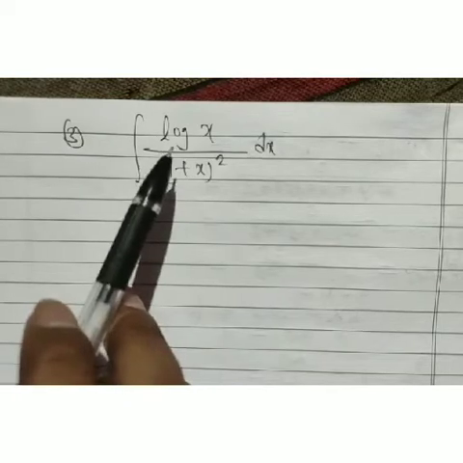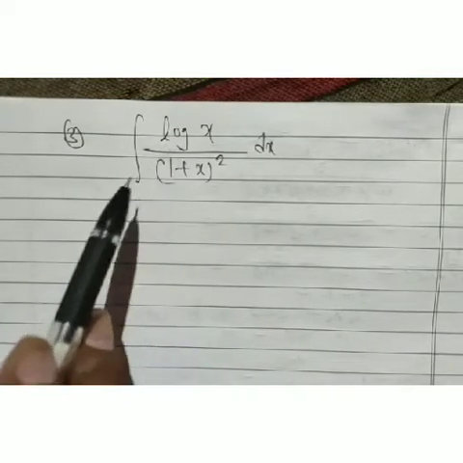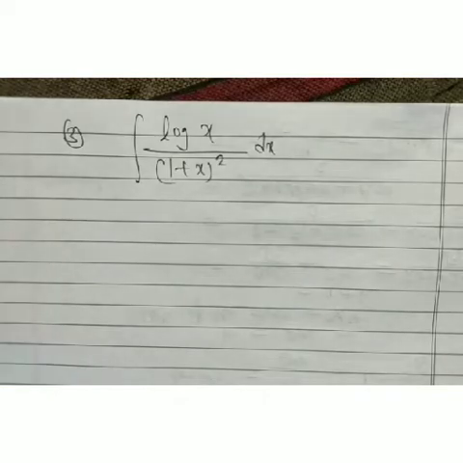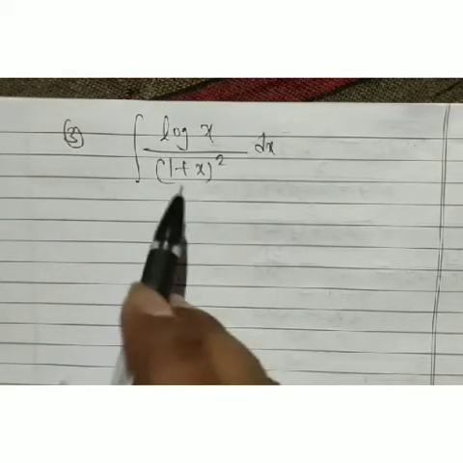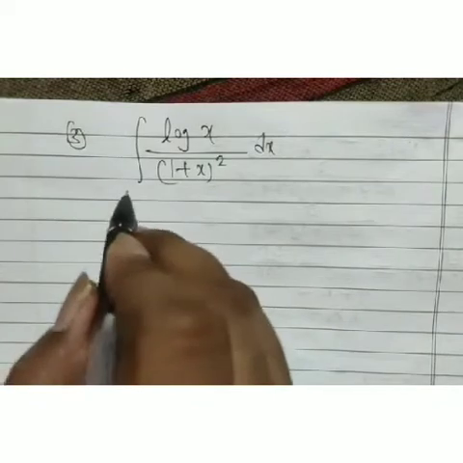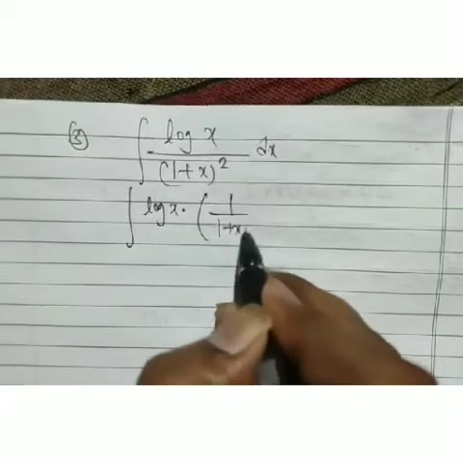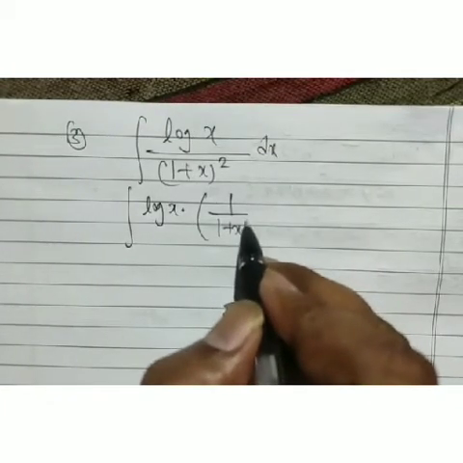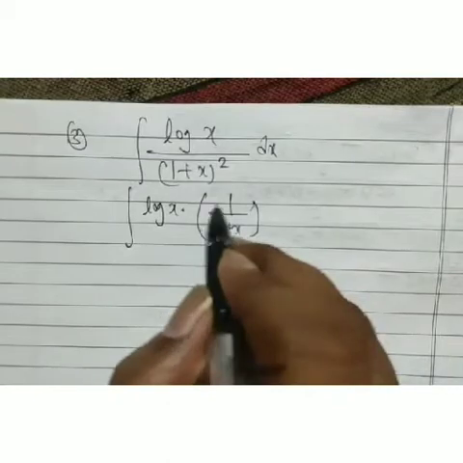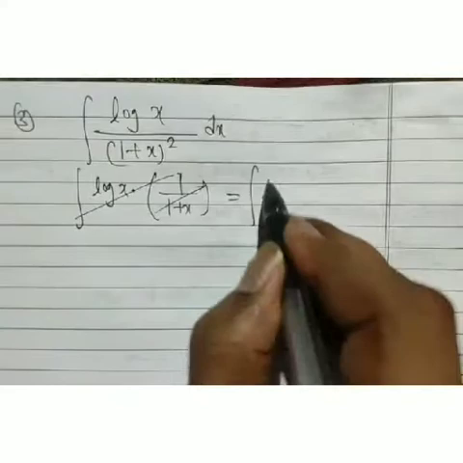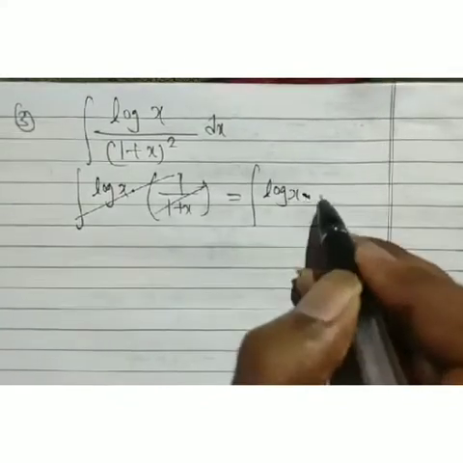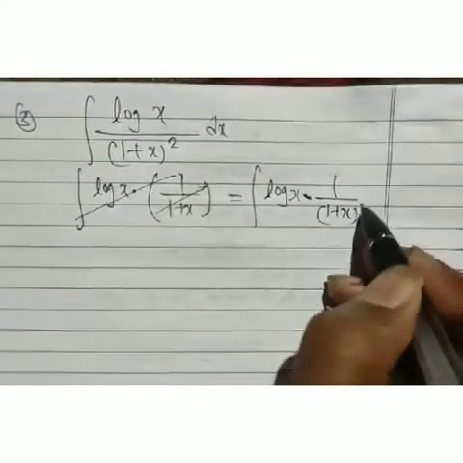At first look it appears to be a rational form, and we might understand that we can use partial fractions. But we are going to use integration by parts, because we can write it as the integration of log x into 1 upon 1 plus x whole square dx.